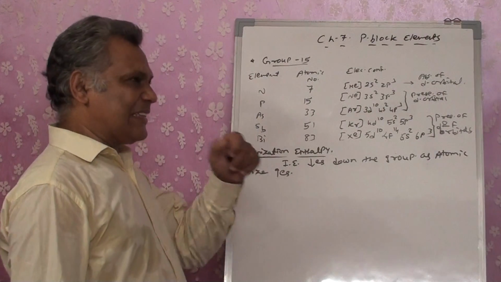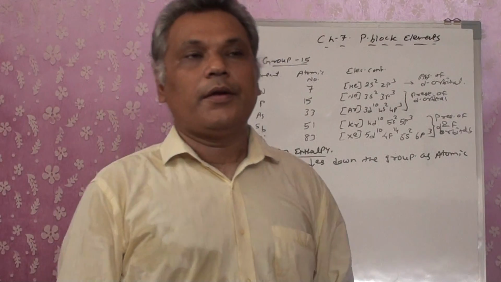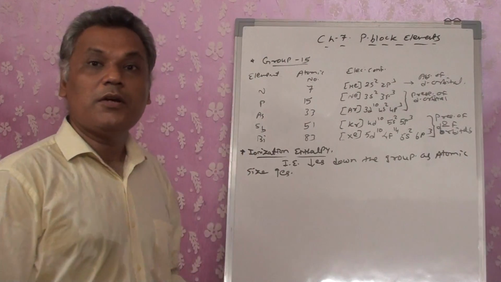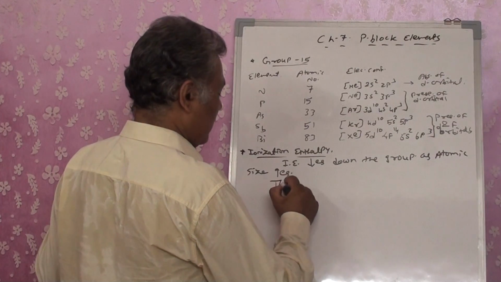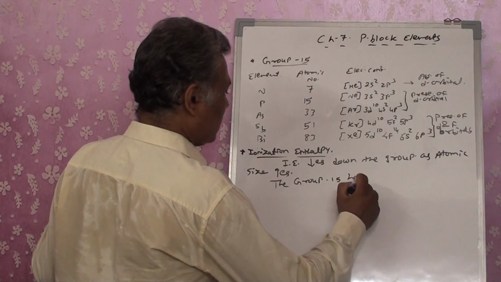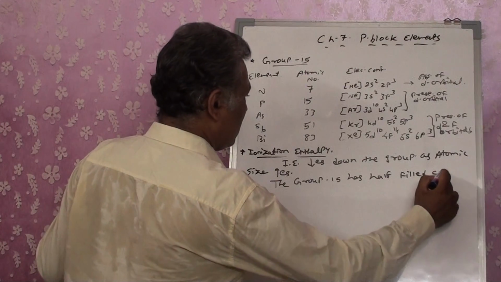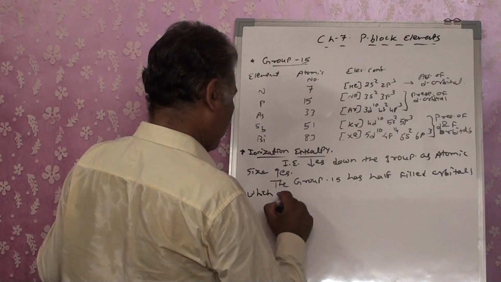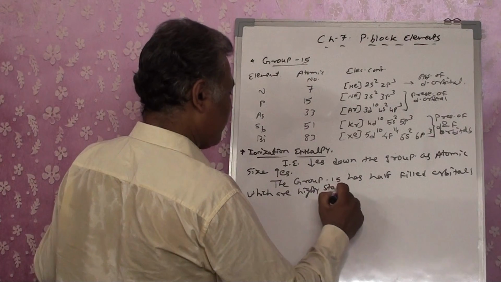Okay, now let's compare this particular group, group number 15, with the elements of the rest. If I compare the ionization energy with group number 14, what will we find? Group 15 has half-filled orbitals which are highly stable.